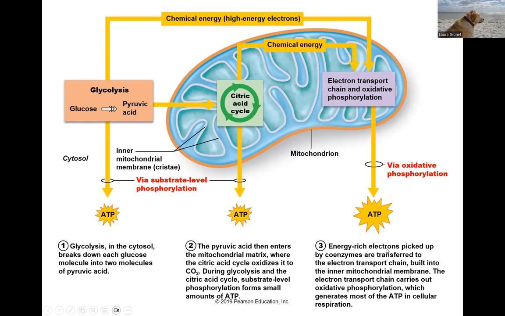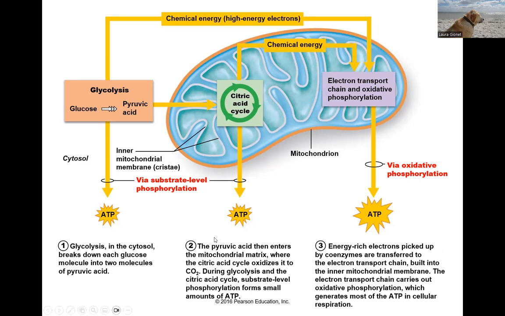That's all it's saying. But in the last step here, energy-rich electrons picked up by coenzymes are transferred to the electron transport chain. It's going to pass through this little turnstile and use the concentration gradient flowing from high concentration to low to generate the most ATP. So that method is different.